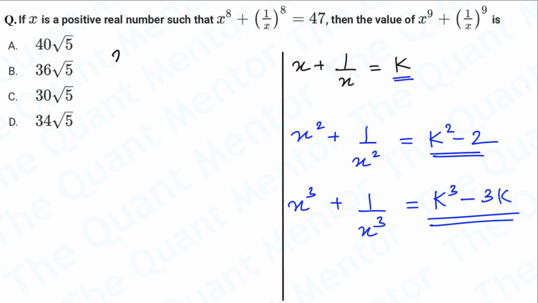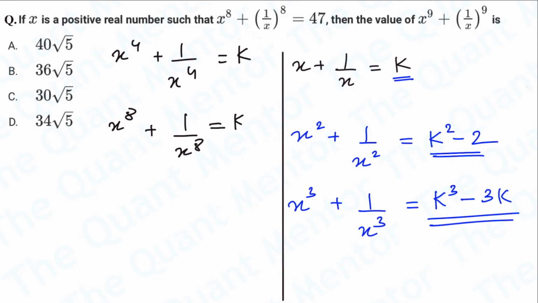So let us now suppose x raised to 4 plus 1 upon x raised to 4 was equal to k. X raised to 8 is the square of x raised to 4, plus 1 upon x raised to 8 is the square of 1 upon x raised to 4. So by the discussion we have made right now, its value should be k square minus 2. And this value has been given in the question as 47.